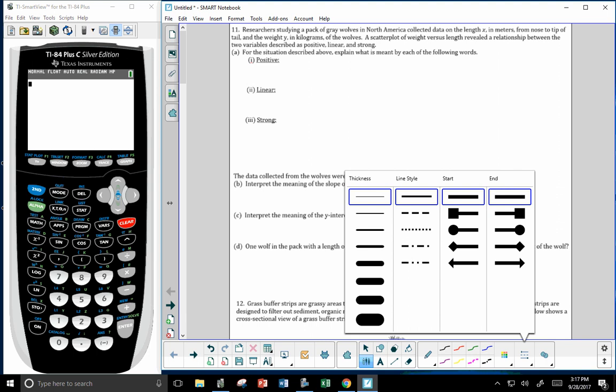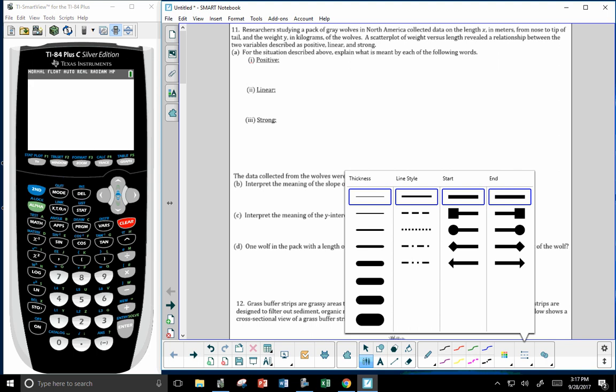For the situation described above, explain what is meant by each of the following words. So positive, they wanted you to say something about as the wolf length went up, then the weight of the wolf also went up, or as length increases, the weight increases.